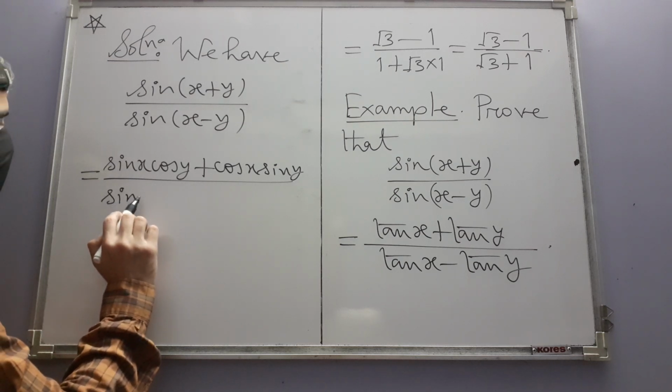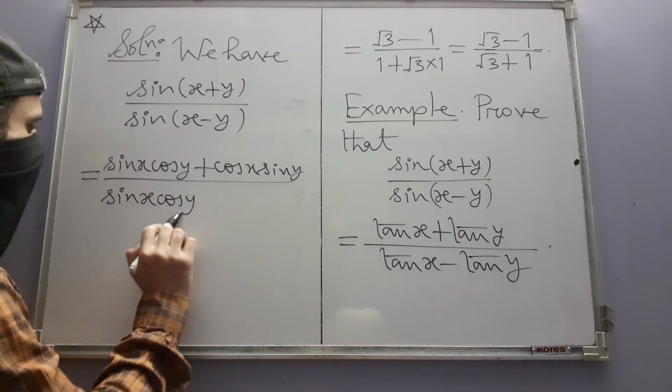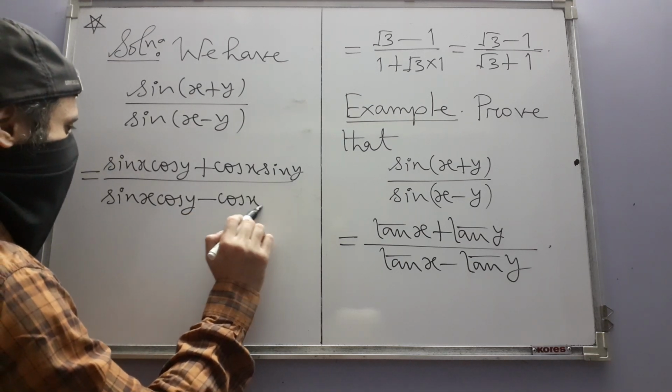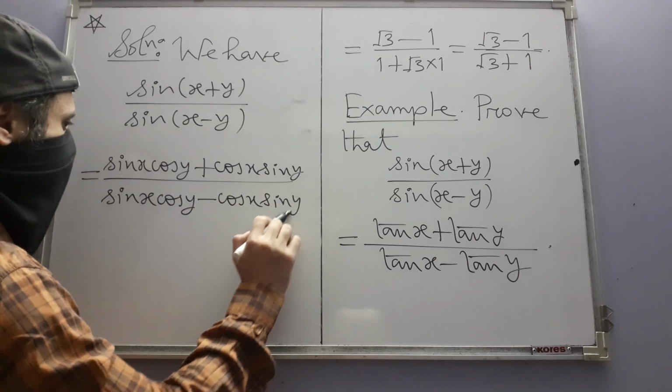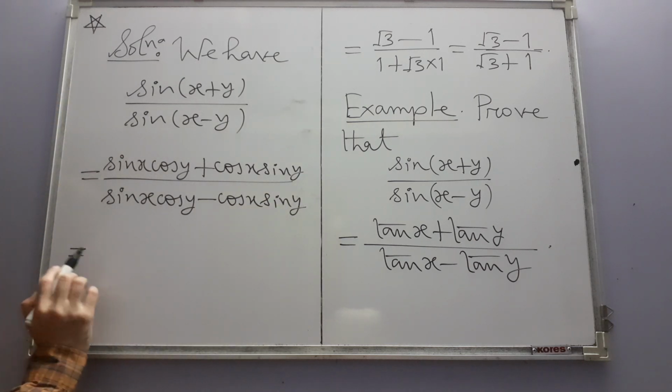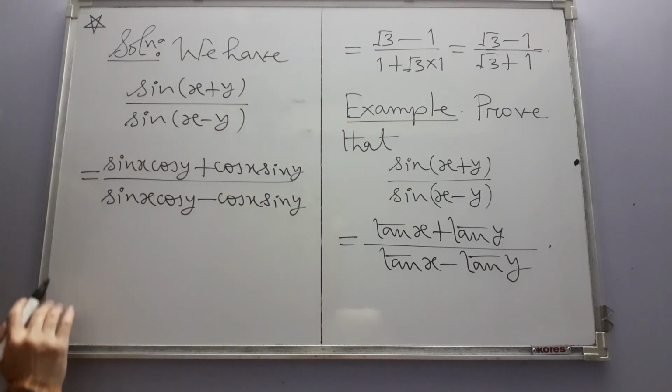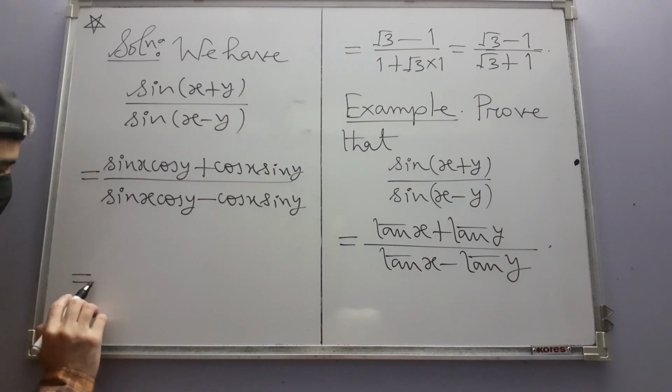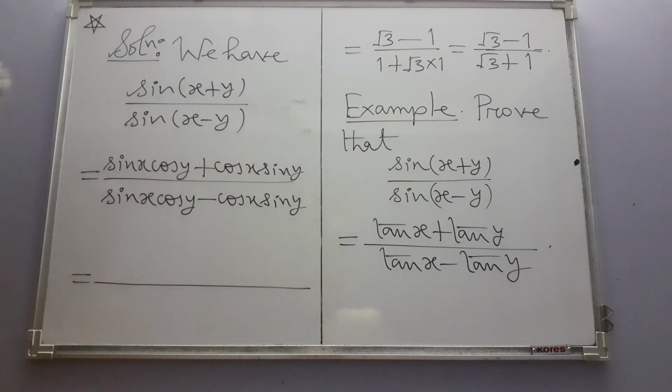And the denominator, of course, is sin x cos y minus cos x sin y. And now, what do we do? We have to get tan. So that means we have to divide by cos. So cos x and cos y are the cos terms.